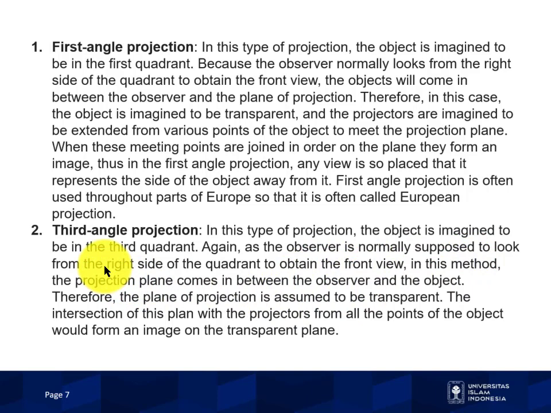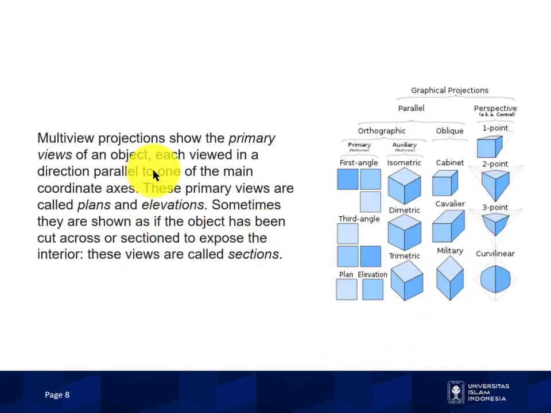So I hope you can get the differences from this sentence and this sentence. Therefore, the plane of projection is assumed to be transparent. The intersection of this plane with the projectors from all the points of the object would form an image on the transparent plane.